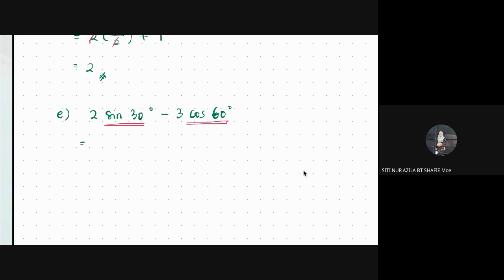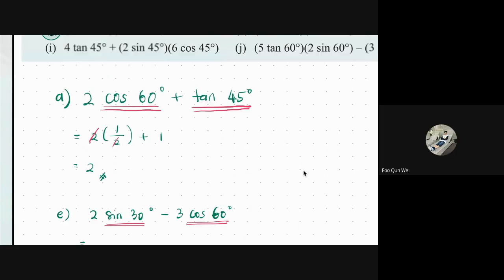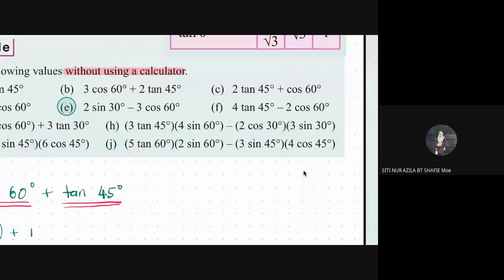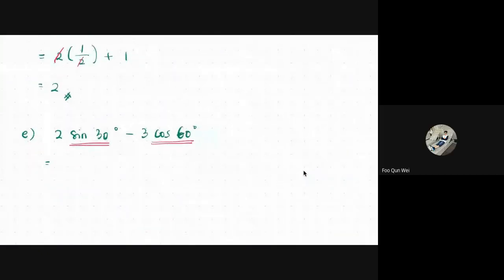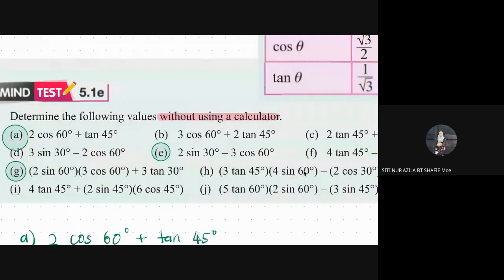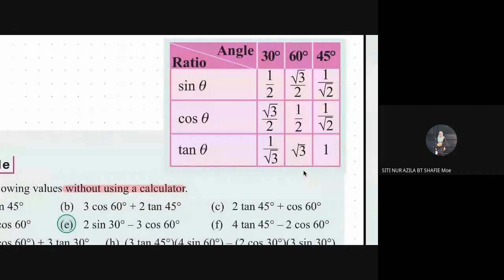So 2 sin 30. Sin 30 is 1 over 2. Then inside your bracket, 1 over 2, minus 3 cos 60. Look from your table. Cos 60 is 1 over 2.